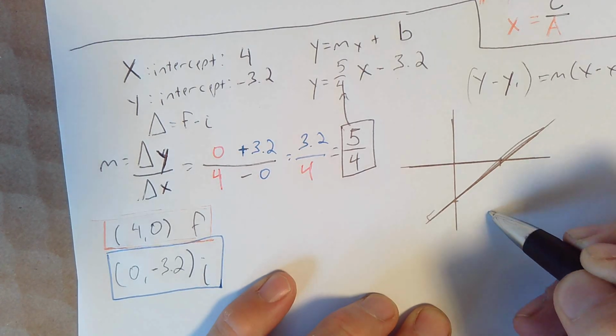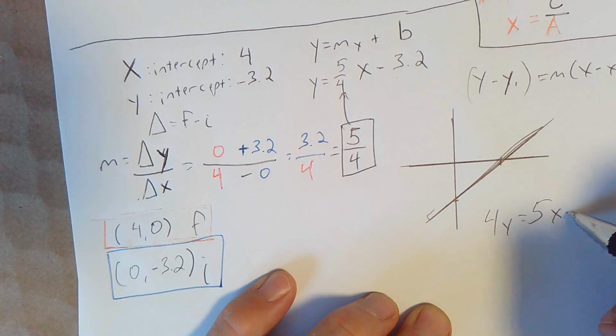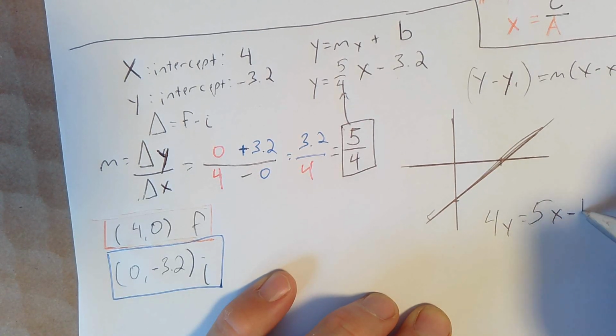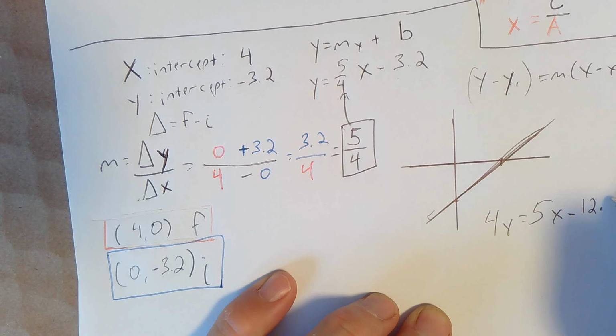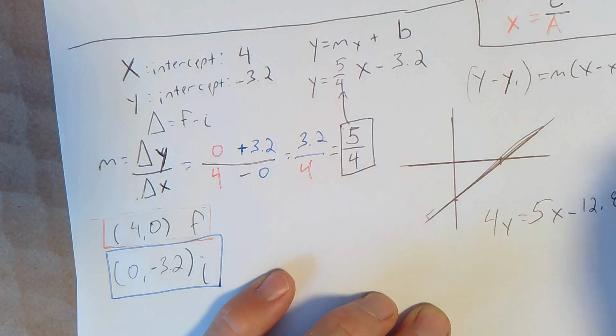Right, so this is going to be 4y equals 5x minus 12.8. Okay. Double check my math in my head. I'm not always trusting. 3.2 times 4 equals 12.8. Yeah, that's right.